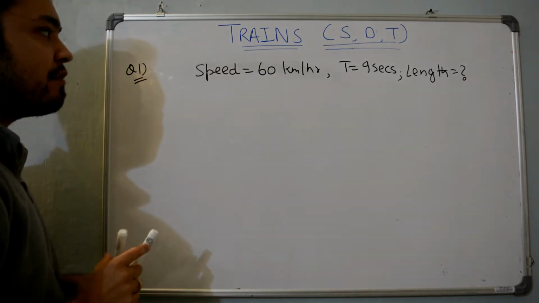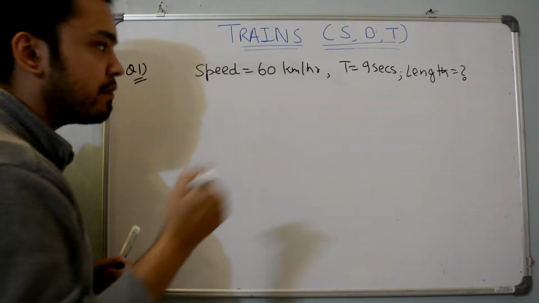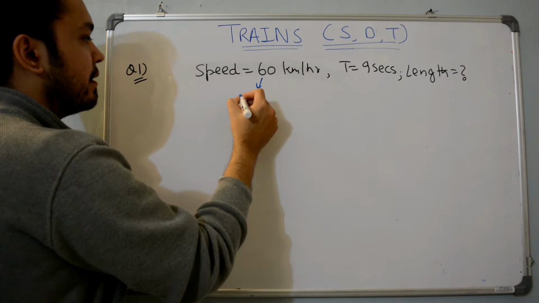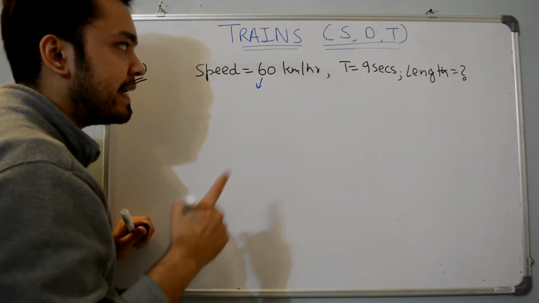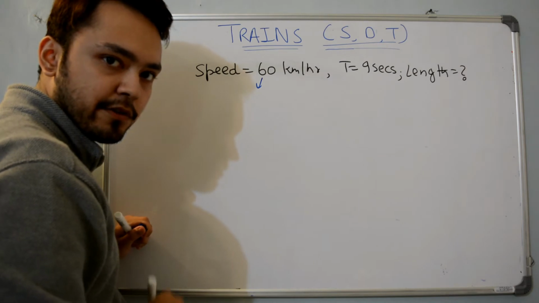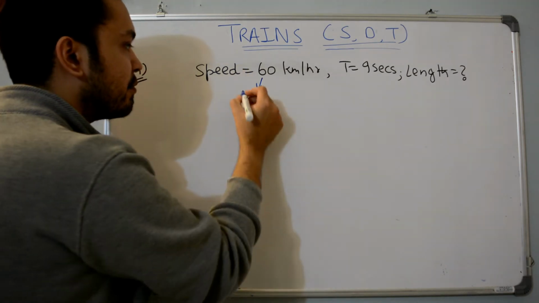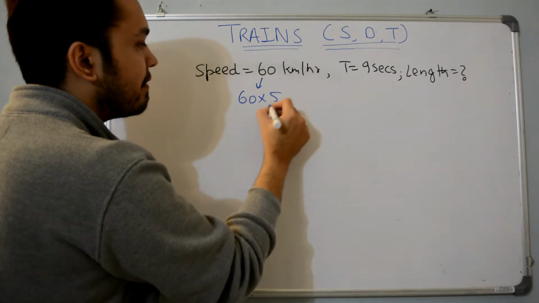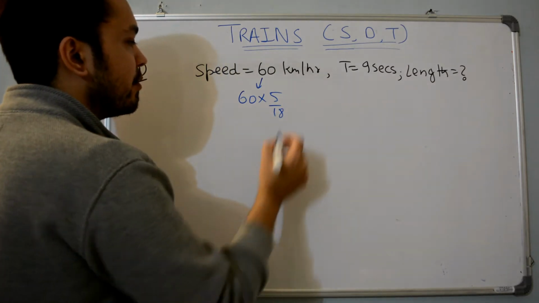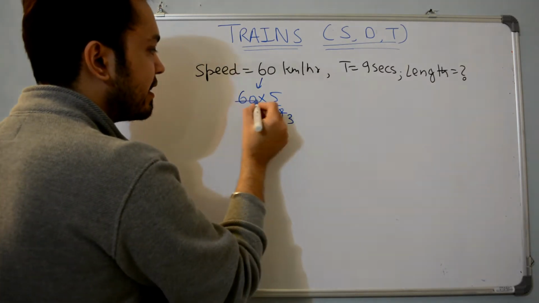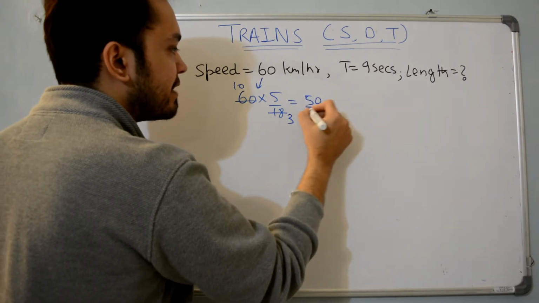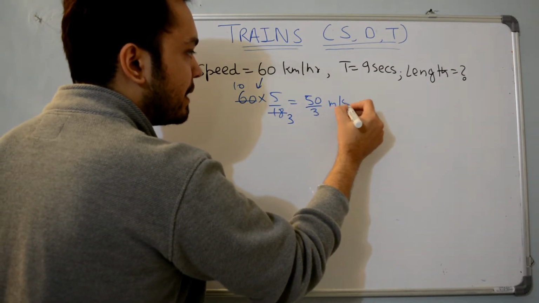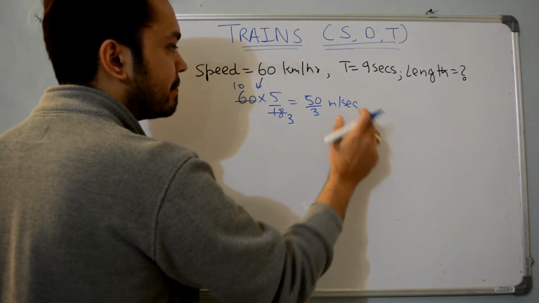Now first of all, we have to make our units same, so we will convert our speed. We know that 1 kilometer per hour is equal to 5 upon 18 meters per second, right? So we will multiply it into 5 upon 18. So we get our speed in meters per second as 50 upon 3 meters per second, right?